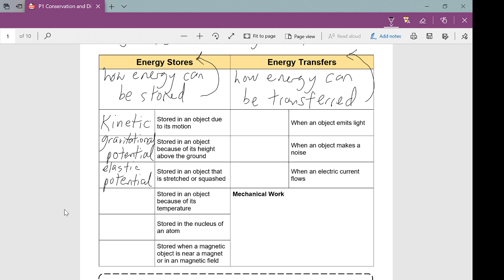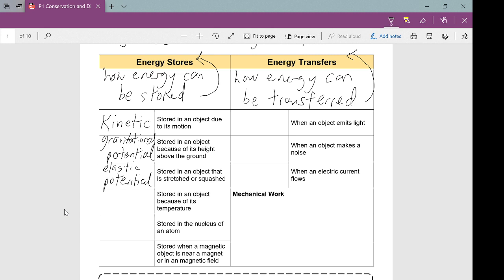So I just want to mention something. One common mistake that I notice is a few students say, I asked, I lift an object above the ground, what energy store did I increase? Some students would just say potential. This is technically wrong, even though it's technically correct.